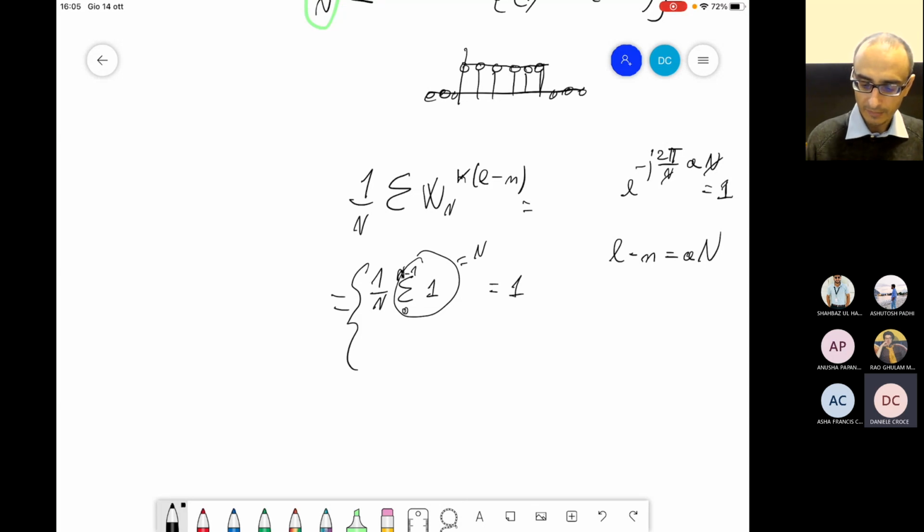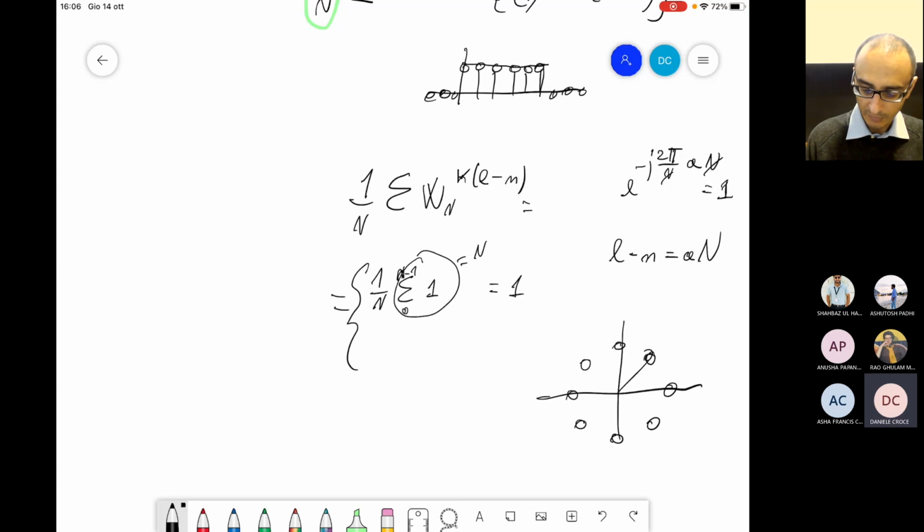Instead, if l minus n is different from a multiple of N, what you obtain is the summation of all the roots of unity. It can be, for example, this. These are the roots of unity. And if you sum all these as vectors, the result will be 0, okay?